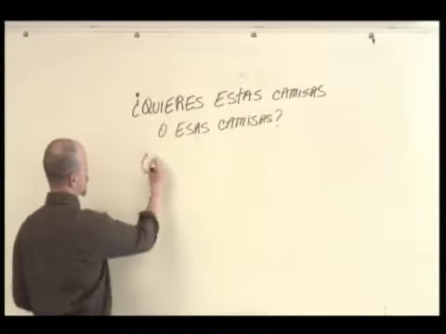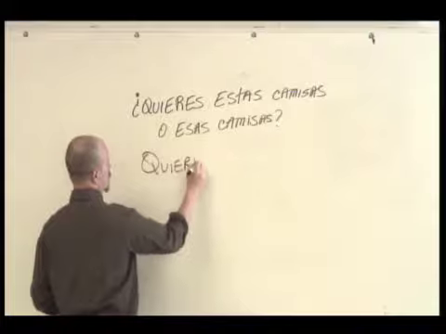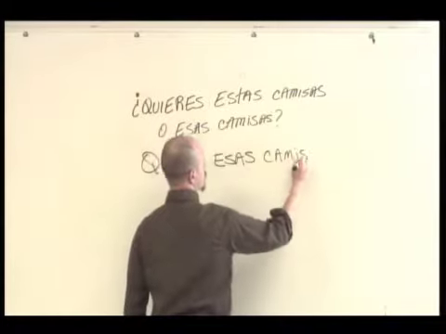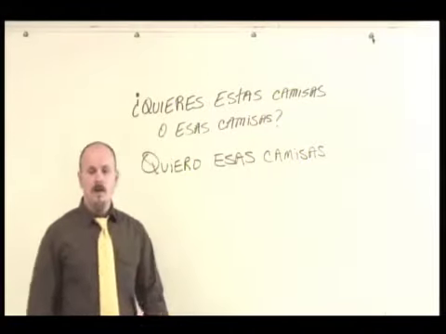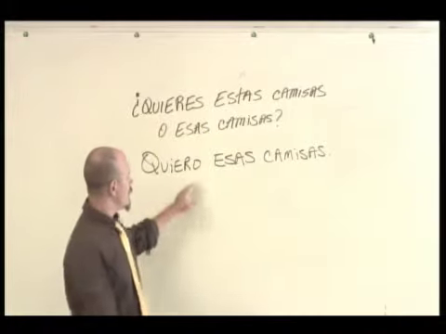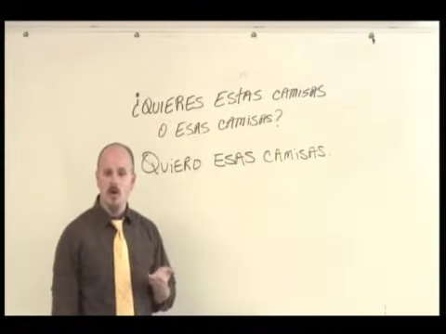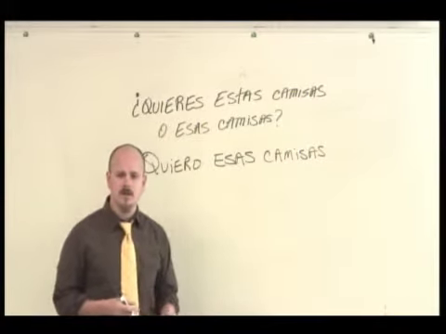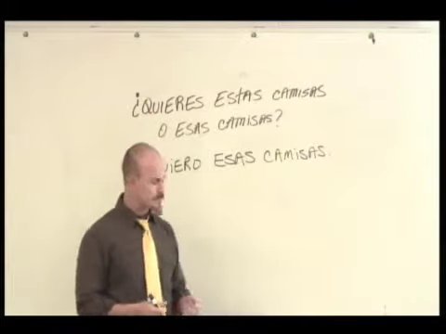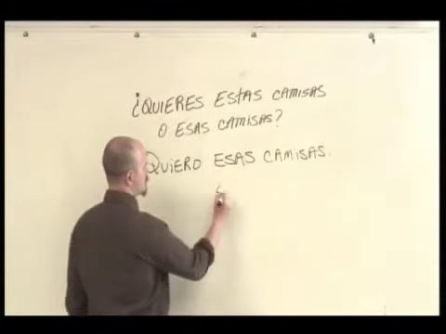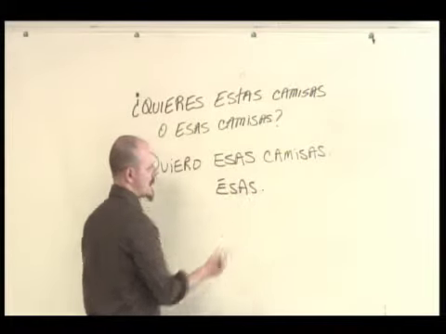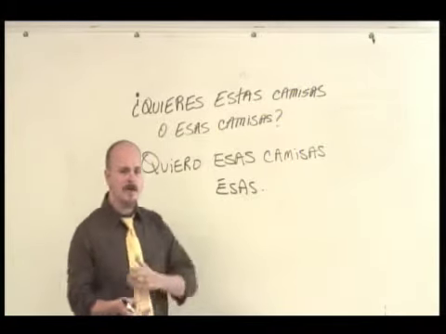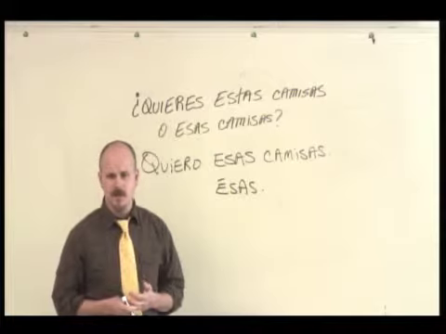I can either say, I want those shirts, or I could have chosen these shirts, so I could have said quiero esas camisas or quiero estas camisas. Or, because we both know now that I'm talking about shirts, I can simply say, quiero ésas, which means I want those ones, or I want those. And therefore we don't have to be repeating the word camisas so much.